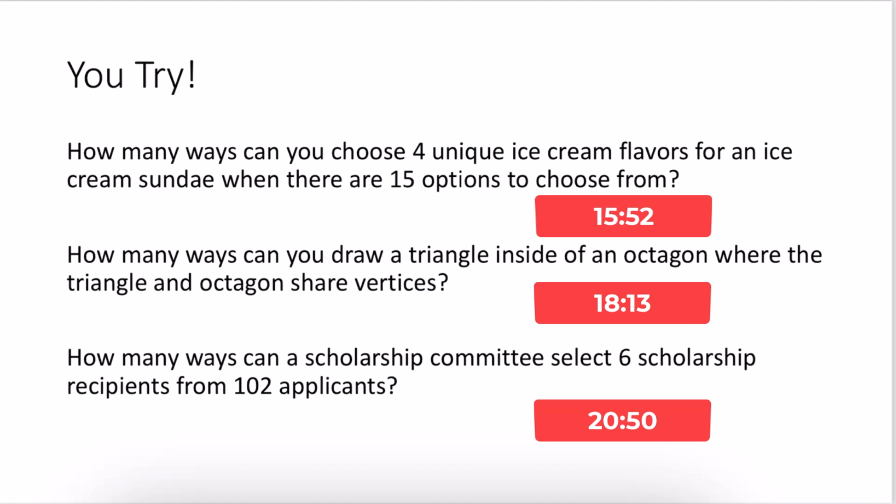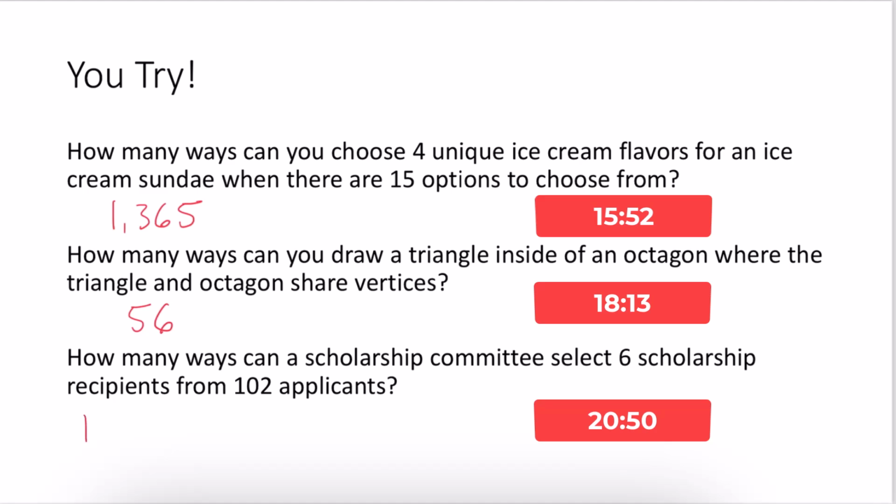Okay, so the correct answer for the first problem is 1,365. Then the correct answer for the second problem is 56. And then the correct answer for the last problem is a really big number.